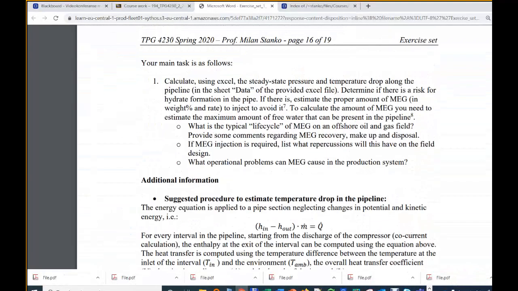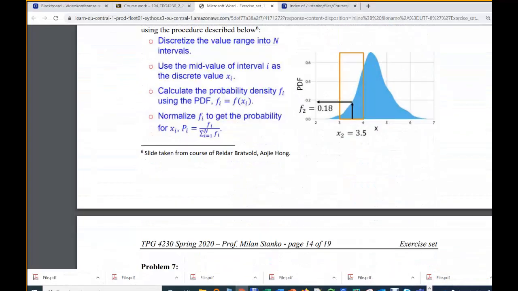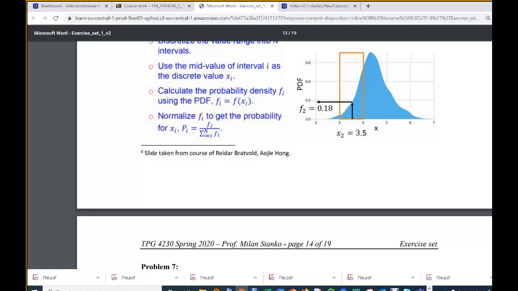Okay, the one that was given at the end is this one, where you sample on the PDF, you read the value, and then you simply normalize. You can take as many samples as you want. The advantage of this method is that, for example, if you want to capture the tail of the distribution, like in this case, you have some areas that have very low probability.